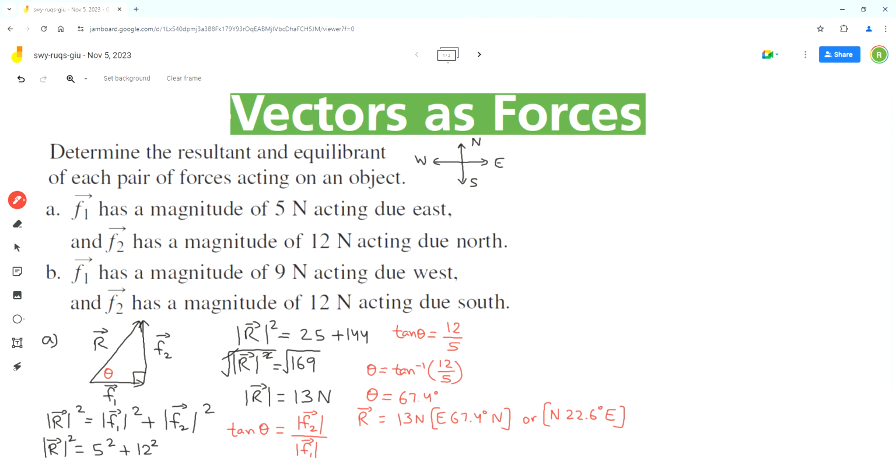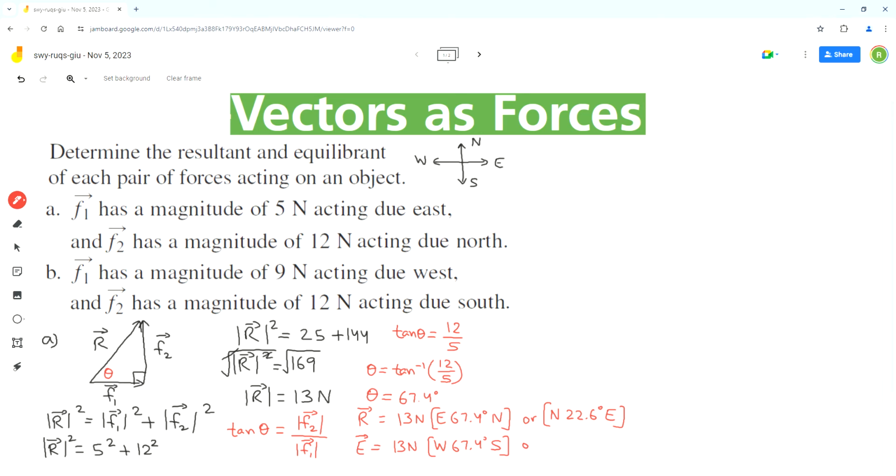Now equilibrant is a vector that has the same magnitude as the resultant but opposite direction. So the equilibrant vector is 13 Newton magnitude, and the direction will be opposite to that of the resultant, so the opposite of east is west, and then 67.4 degrees, and the north changes to south.